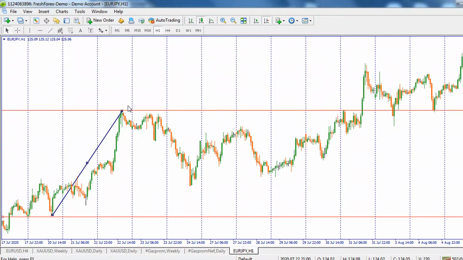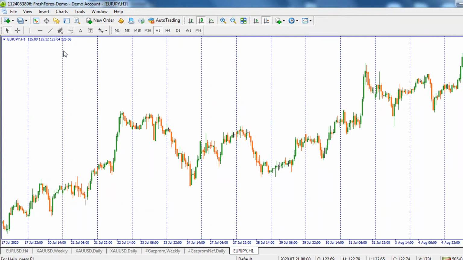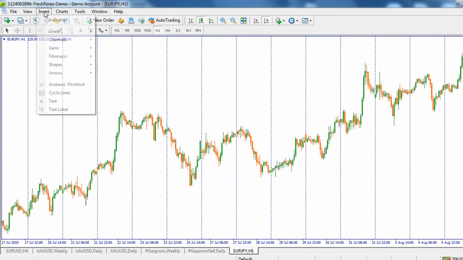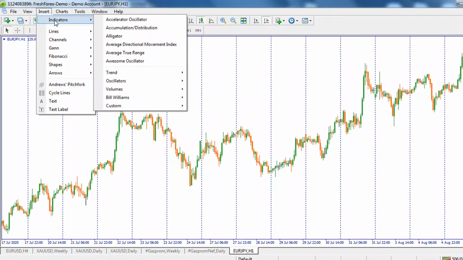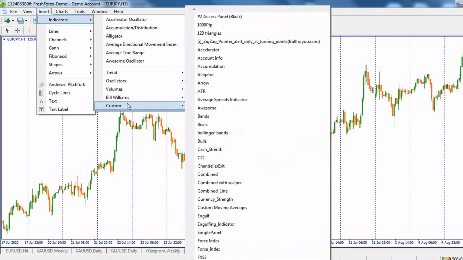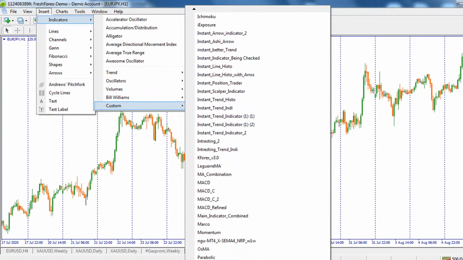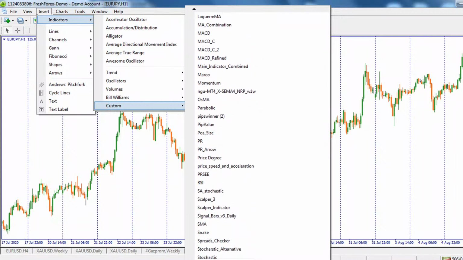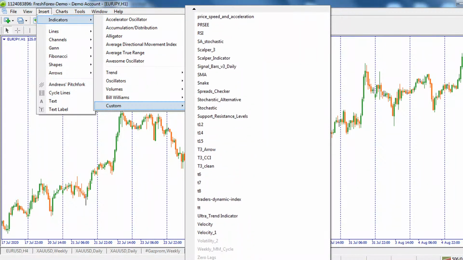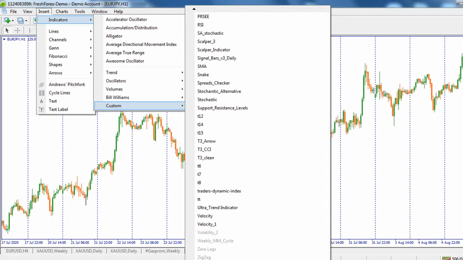Let me delete all this so that our screen is clear. To add the indicator, you need to go here, insert, and then we have indicators. Then move to custom indicator. The zigzag is a custom indicator, so we want to look for it here. Unfortunately, there's no option where you can type in the name of the indicator, so you have to look at it manually.